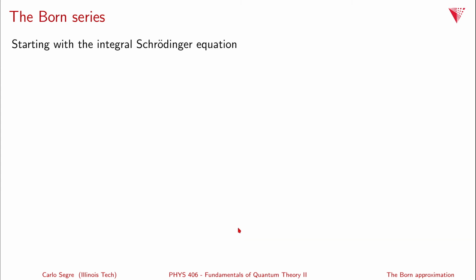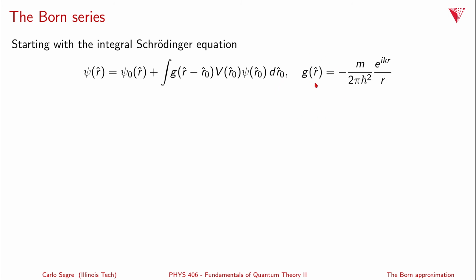So we start with the integral Schrodinger equation, which we know is this: psi of r hat is equal to psi 0 of r hat plus integral of G of r minus r0, all these are unit vectors, V of r0, psi of r0, d r0 hat, where G of r hat is equal to minus m over 2 pi h bar squared e to the i k r over r.